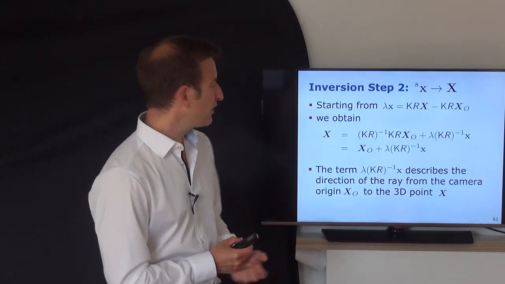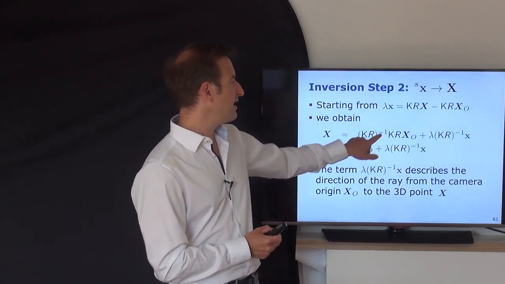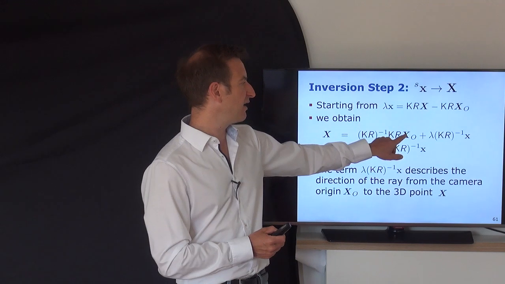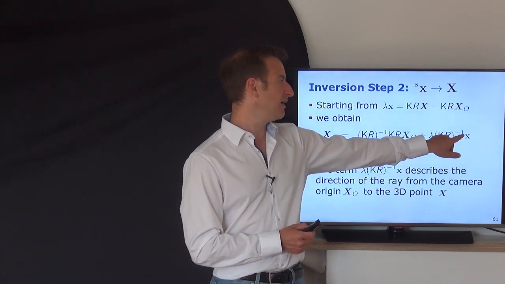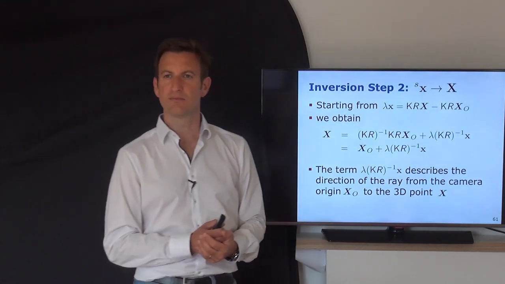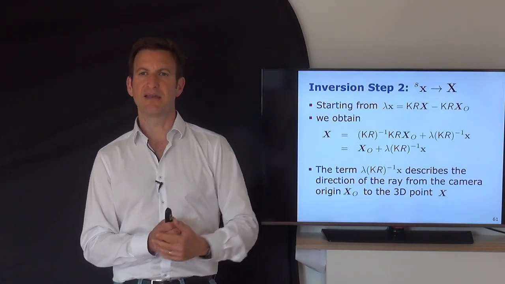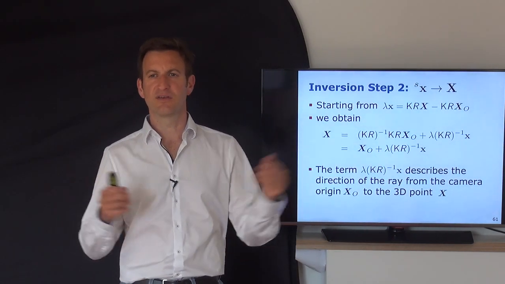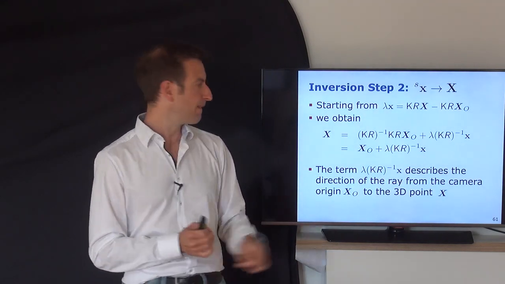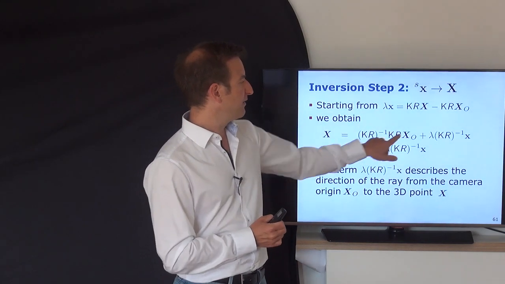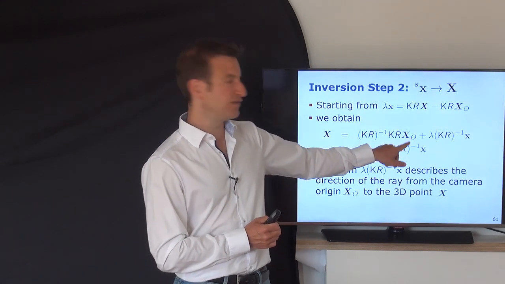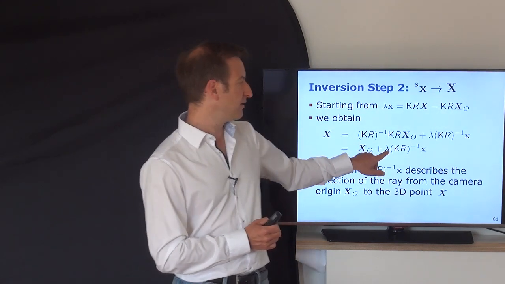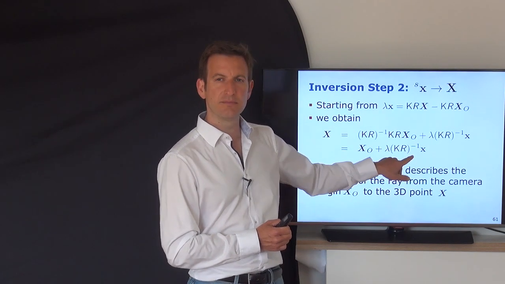So I can express X as (KR) inverse times KR X0 plus lambda times (KR) inverse times small x, just by multiplying (KR) in brackets inverse from the left-hand side of this equation. So this part and this part, they cancel out to the identity matrix. So what survives is just the X0. And here, I can do nothing about it.